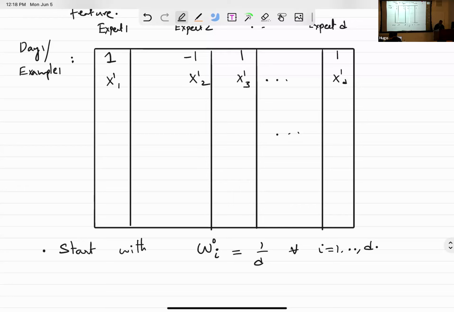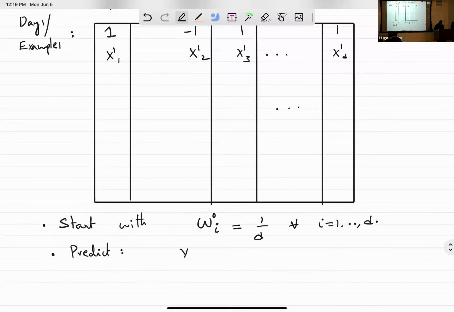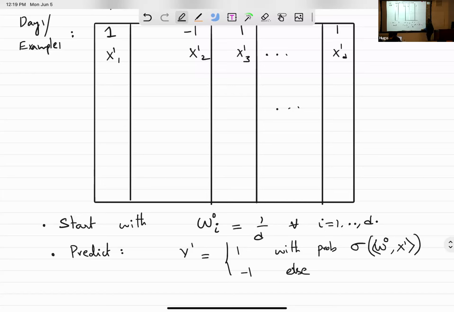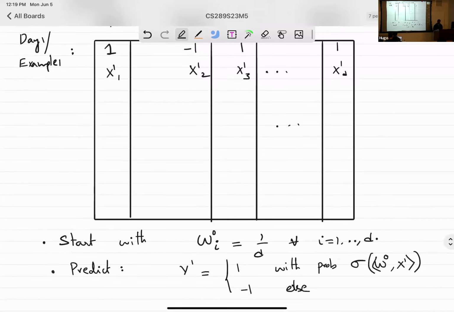Okay. So predict say Y1 equals... okay. So you try and compute the sigmoid, gives you some bias, and then that's your prediction.